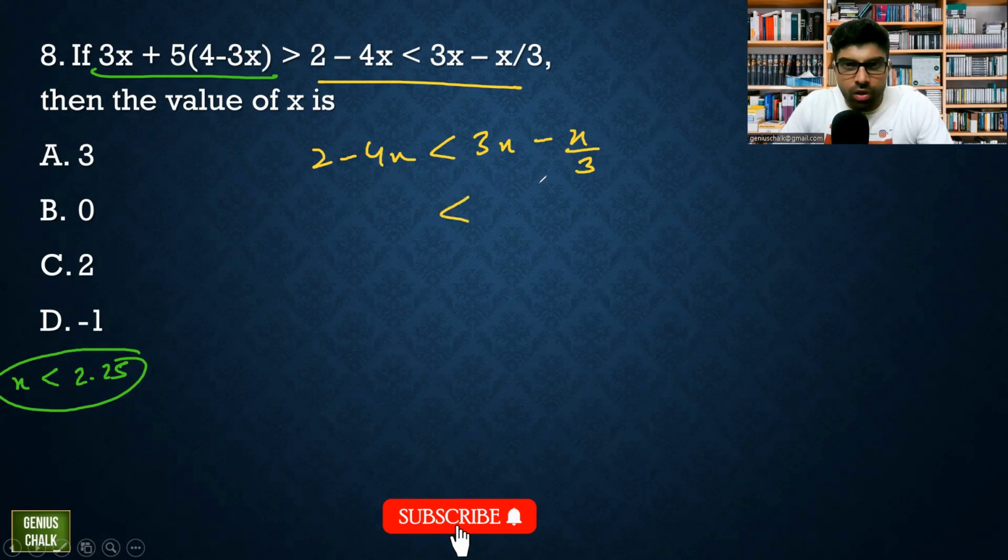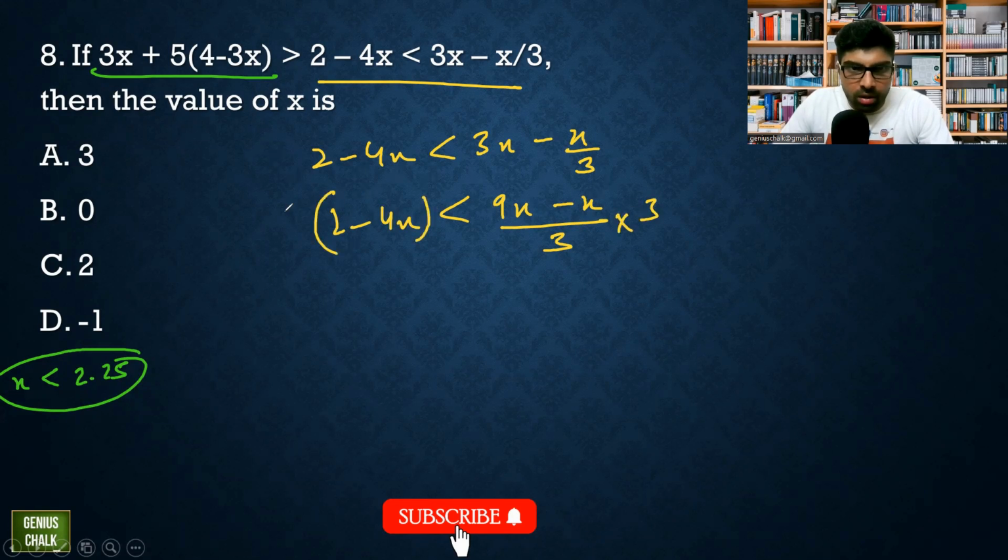So if you solve, this will be 9x minus x by 3. This is 2 minus 4x, multiplying both sides by 3. This becomes 6 minus 12x. 3 cancels. It becomes 8x.